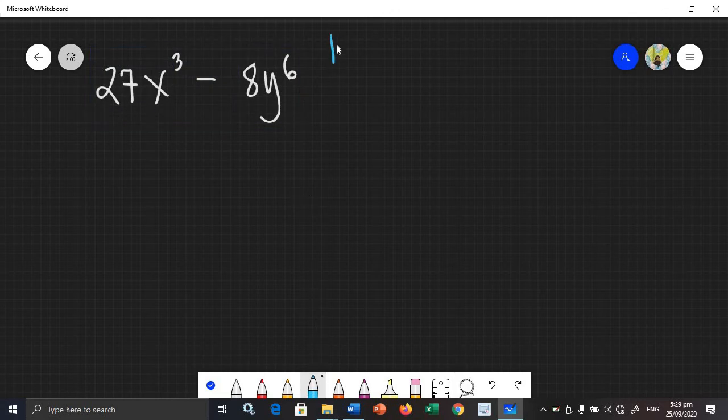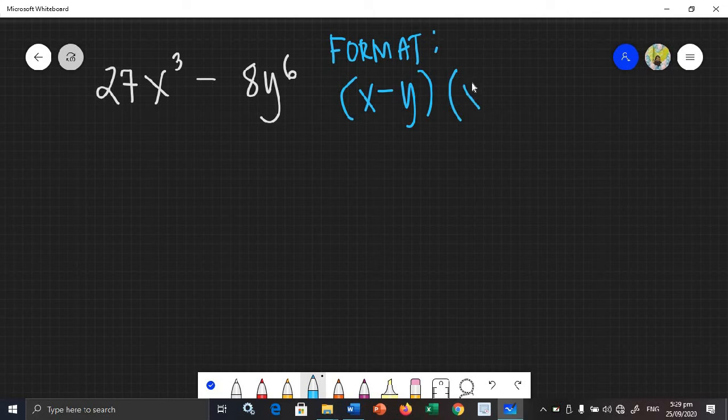Therefore, we will be using the format quantity x minus y times quantity x squared plus xy plus y squared. So, yan yung pagbabasihan natin dun sa factored form niya.